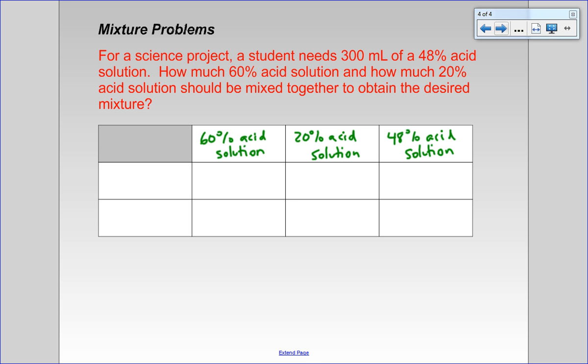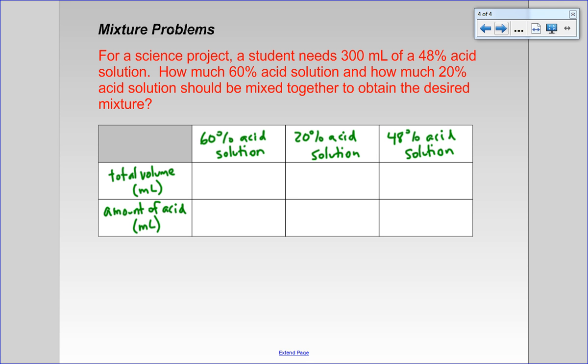Now, what information do we have about these items? Well, first we have some information about the total volume of the solution. That's measured in milliliters. We also have some information about the amount of acid in the solution, which would be an amount of milliliters as well.